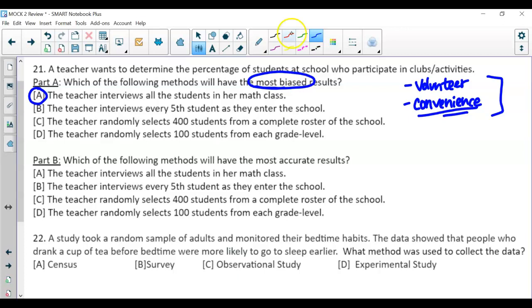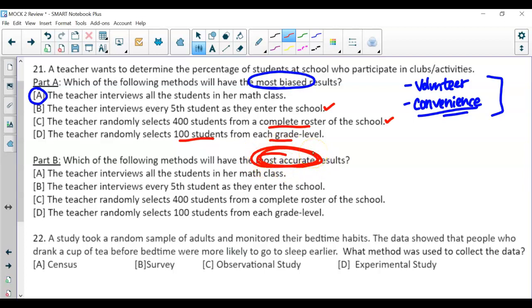Versus, look here, the teacher interviews every 5th student who entered the school. You will get some accurate results here. Everybody has a chance. Randomly selects 400 students from a complete roster. Now everybody, that's your simple random. The teacher randomly selects 100 students from each grade level. There's your stratified.